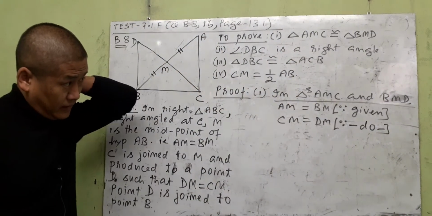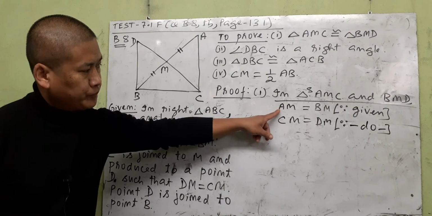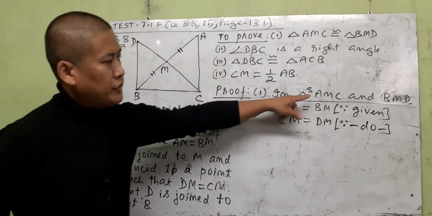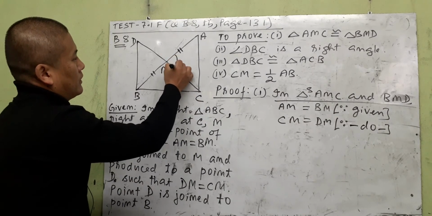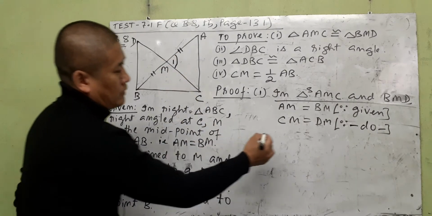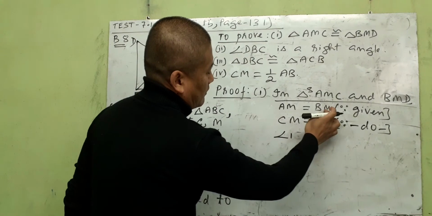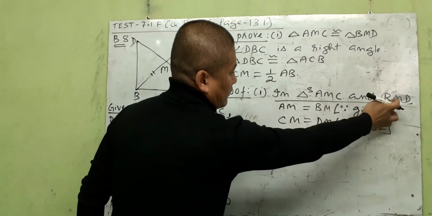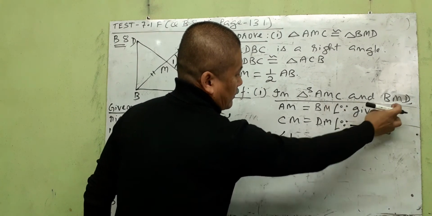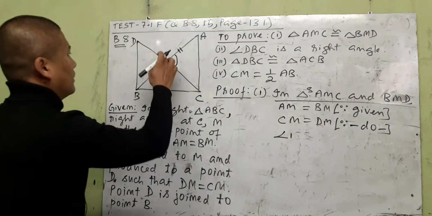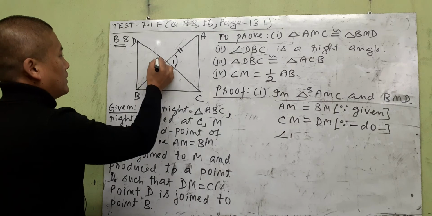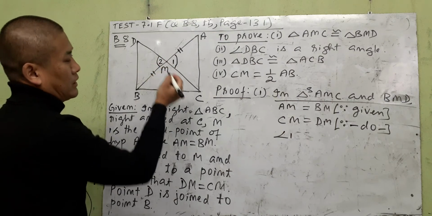Now let us find out the angle between these two sides, AM and CM of this triangle AMC. Between that here is angle 1, and between BM and DM, the two sides belonging to triangle BMD, this angle is between those two sides, so there is 2, let us mark.